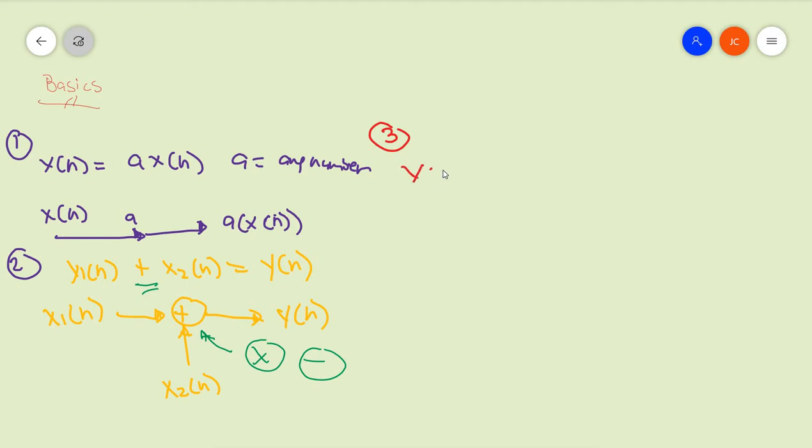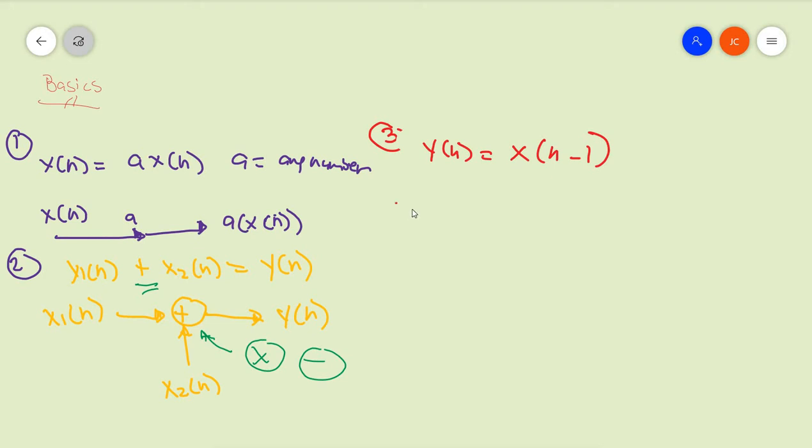Assuming that y of n is equal to x of n minus 1, how will we do this in block diagram representation?